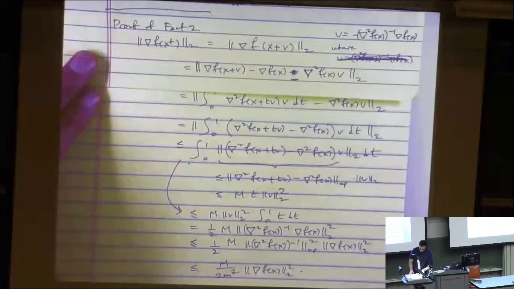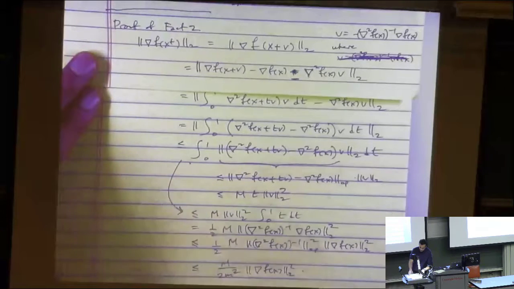And if we want to establish the inequality that we stated up here, we just multiply both sides by m over 2m squared.